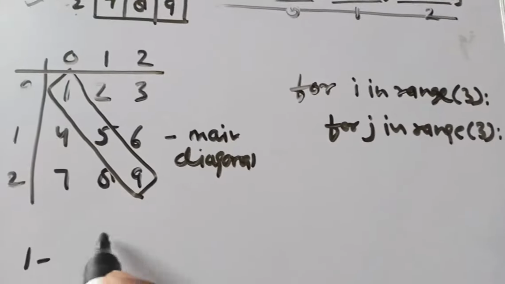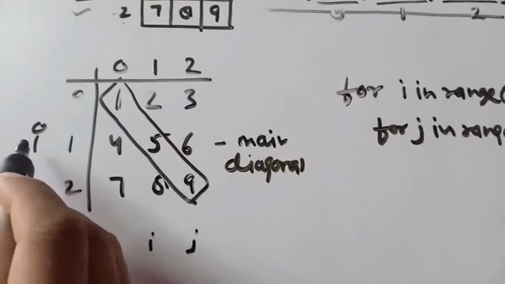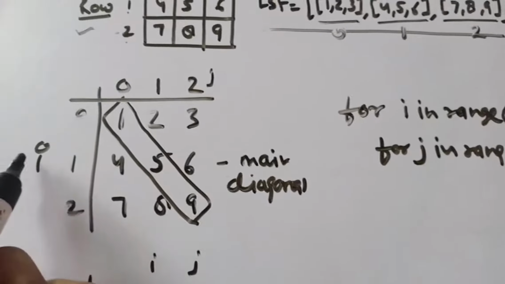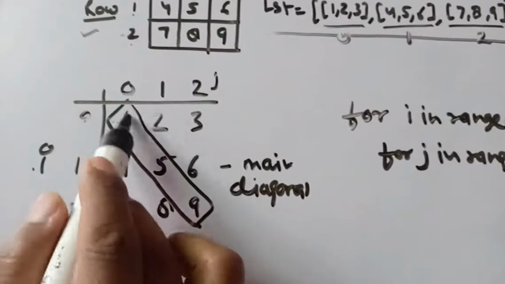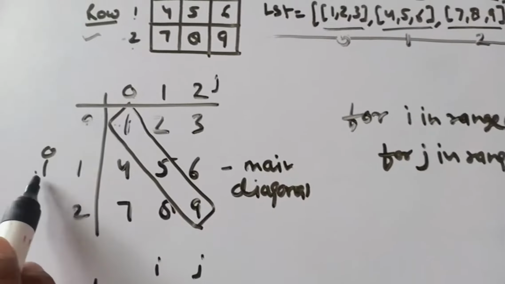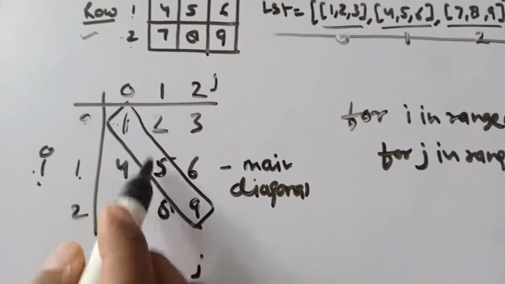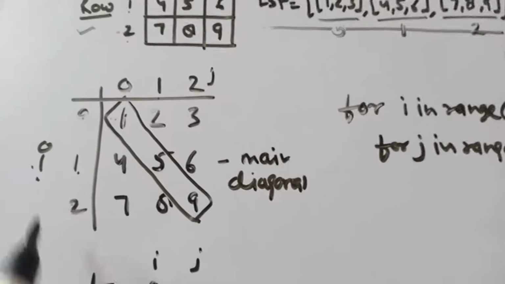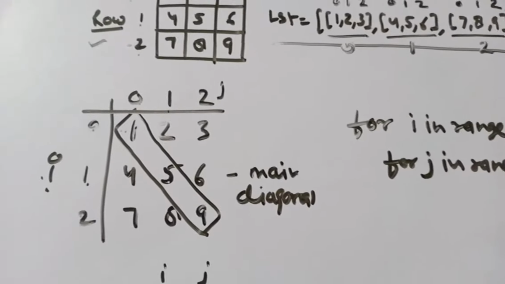The value 1 lies at, this is represented by I and this is represented by J. The value of I for 1 is 0 and for J is 0. For the value 5, the address for I is 1 and for J is 1. For the value 9, the address of I is 2 and for J is 2.